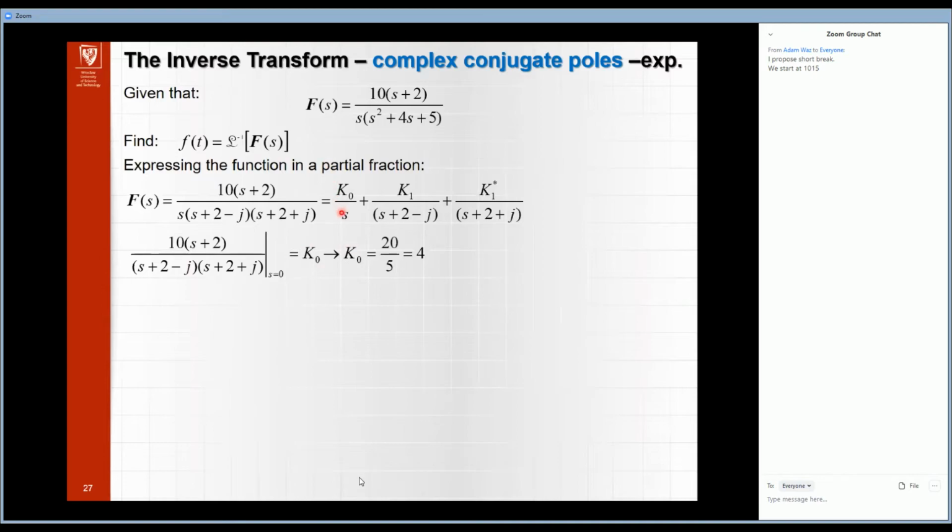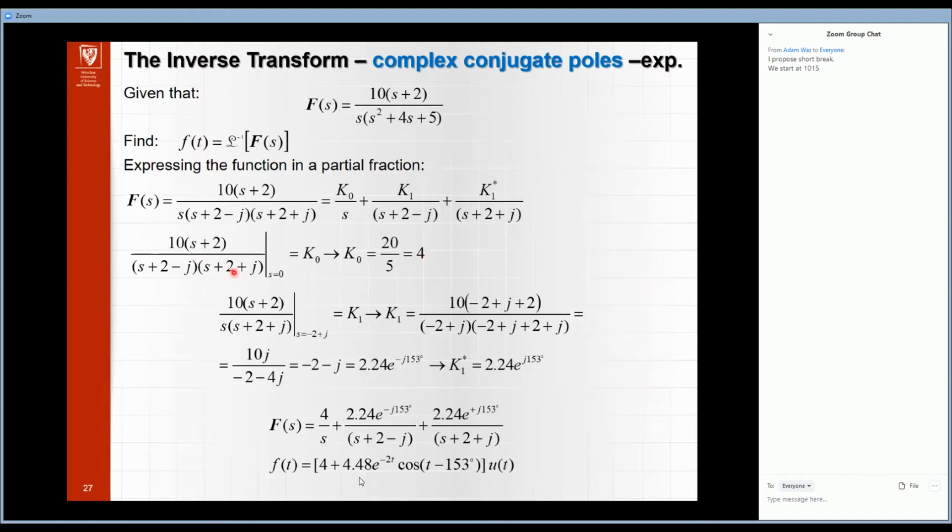For this one, we multiply both sides by s. Of course, this s disappears in this situation, and this is 0, and 0, and as a result we obtain the number 4.